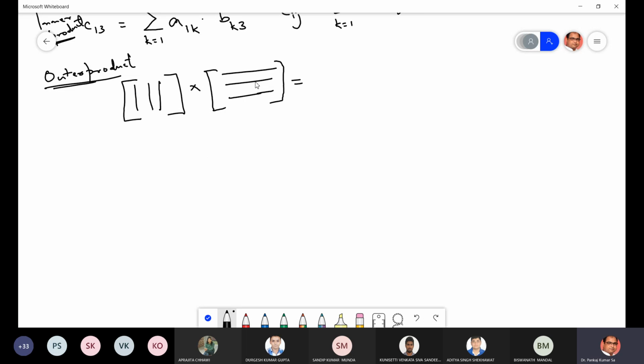So let me take one column and one row here. Let me write it here. A11, A21, A31, this times B11, B12, B13.